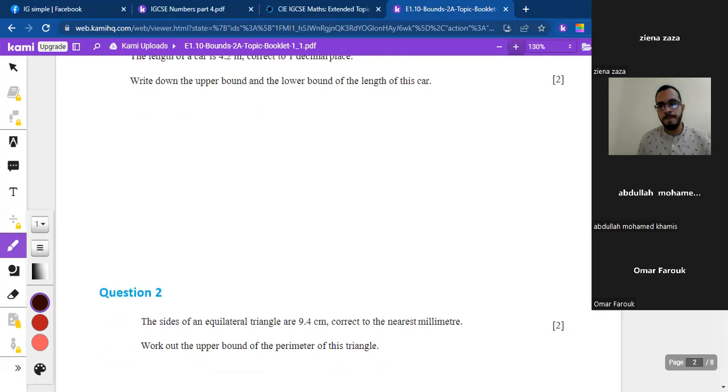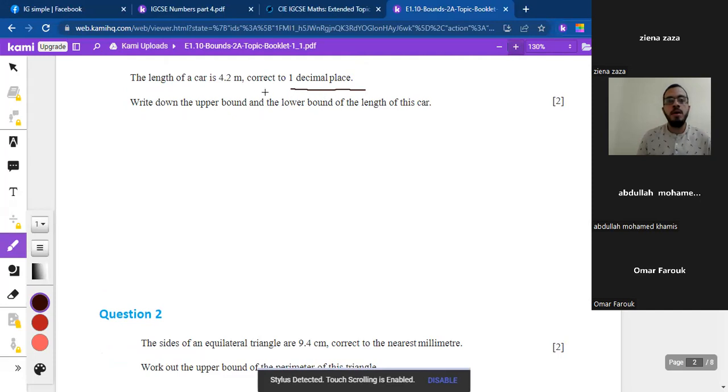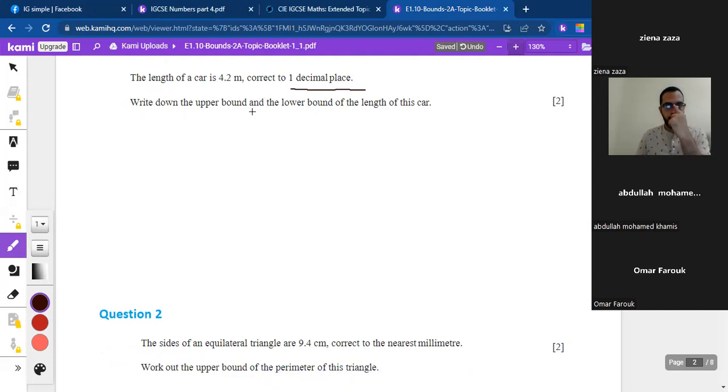Question 1. Yes. Question 1, we add 0.05 and we minus 0.05 to the 4.2. Yes, exactly. Because it's one decimal place. Okay, guys, so it will be 4.2, as Zena said.